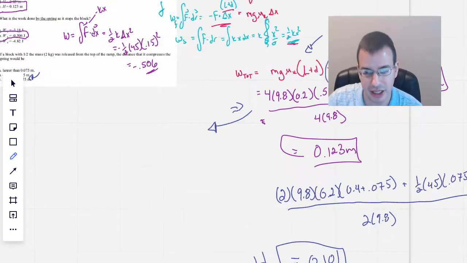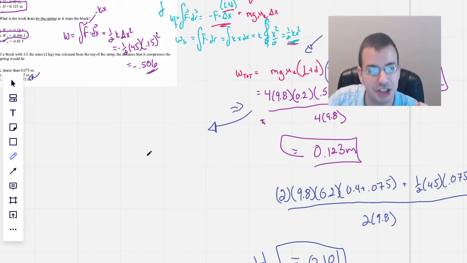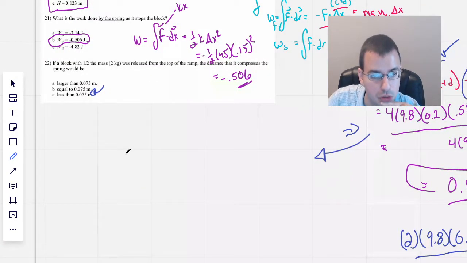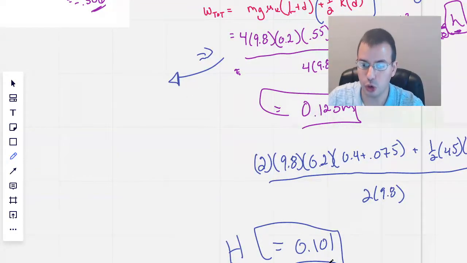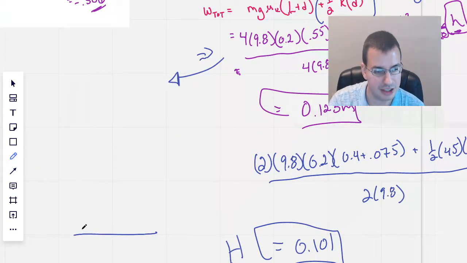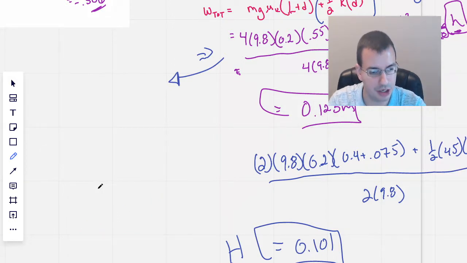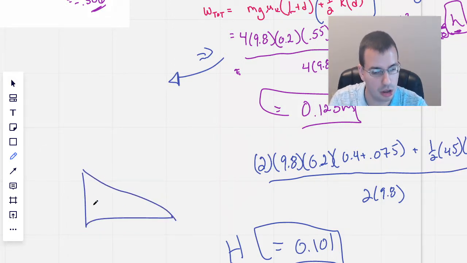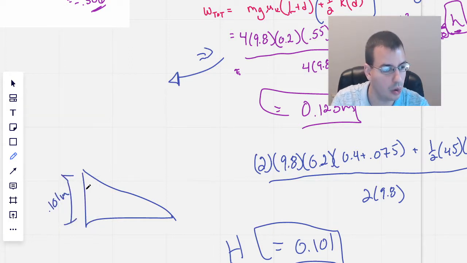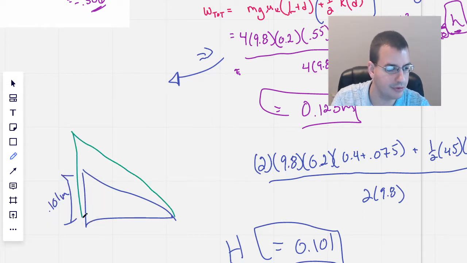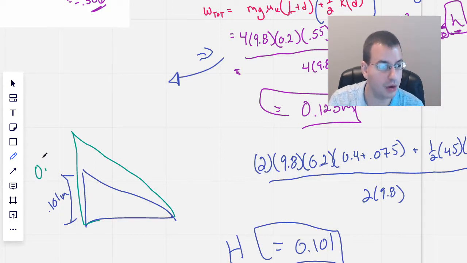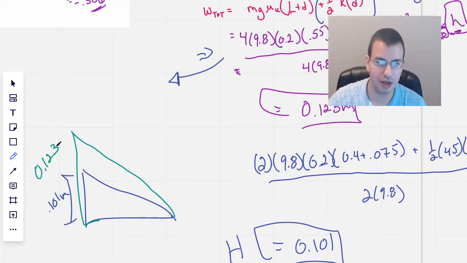Okay, so what this is saying is that for a mass of 0.2 to compress the spring a distance of 0.075, it would require a ramp of height 0.101 meters. Before, what we actually have is a ramp of 0.123 meters.